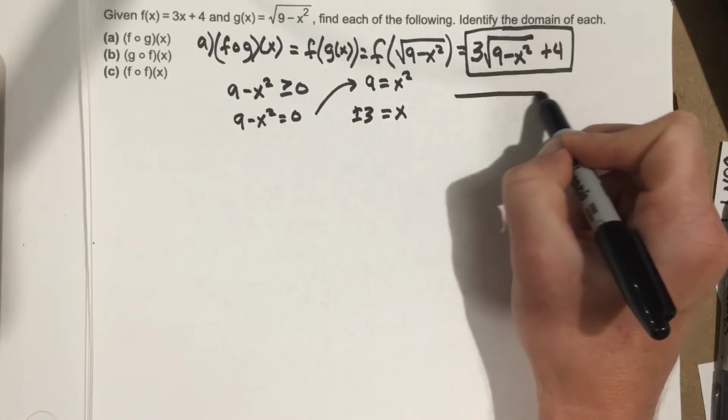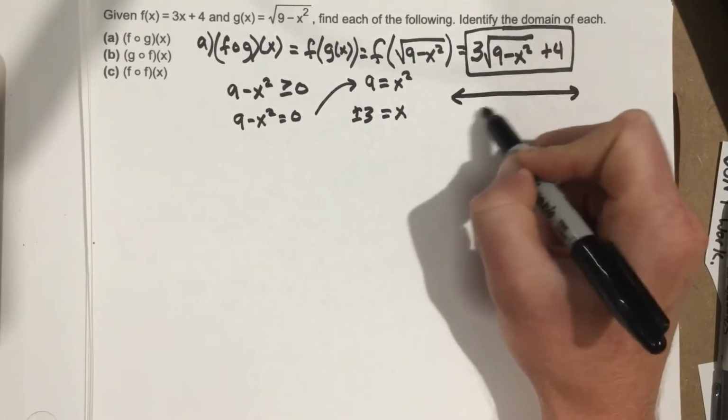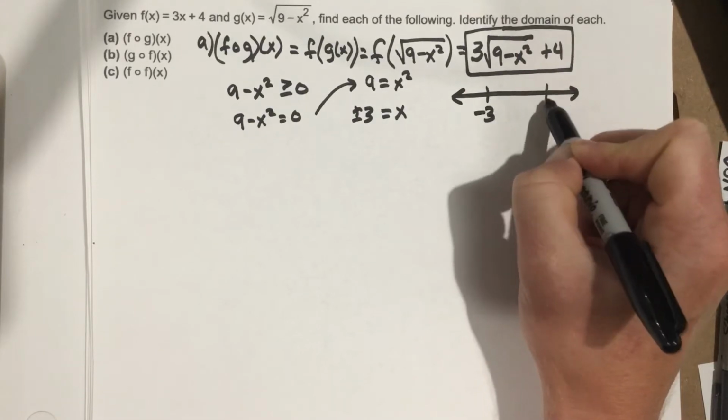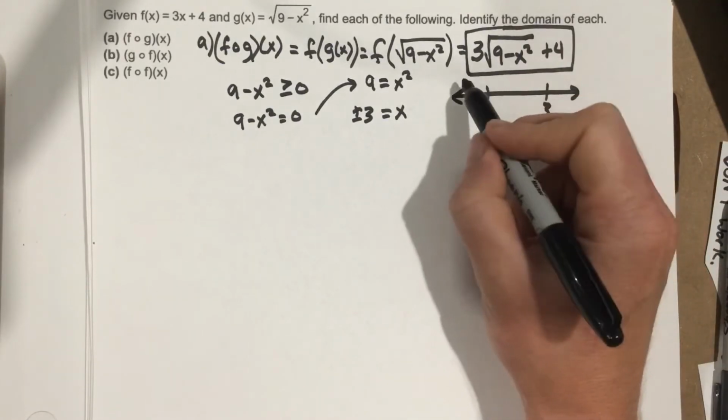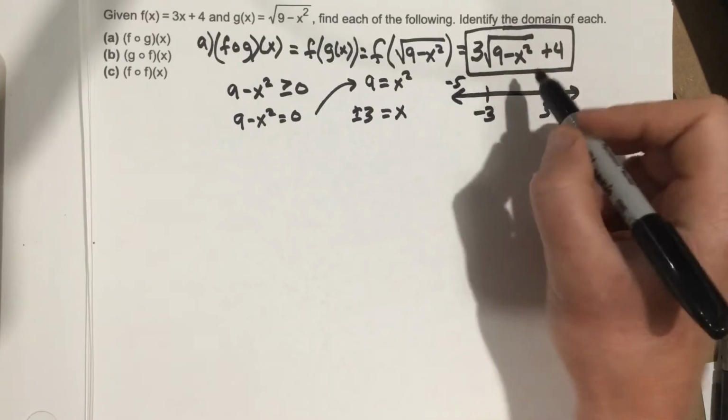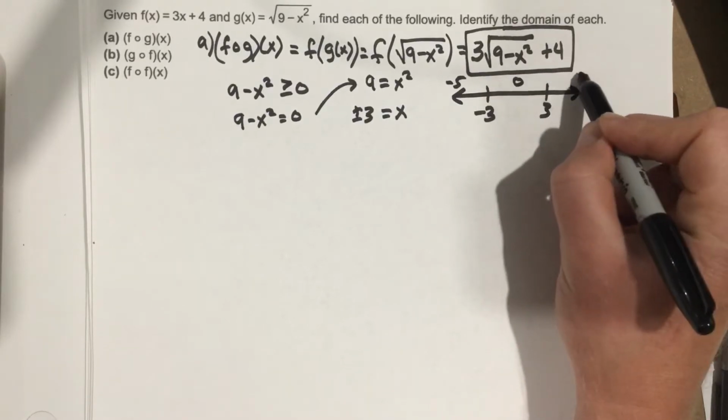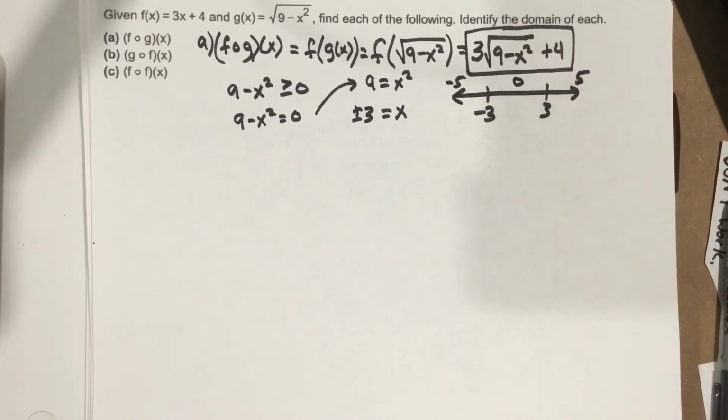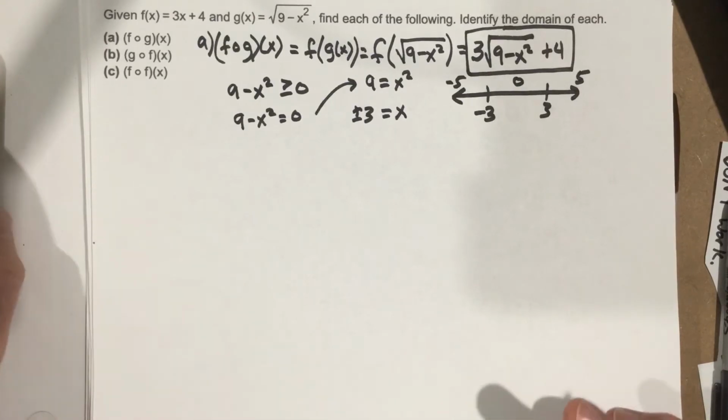So I'm going to mark on my number line -3 and 3. Now remember, I'm plugging in a number outside, inside, and outside, trying to figure out what are my possible input values that work.